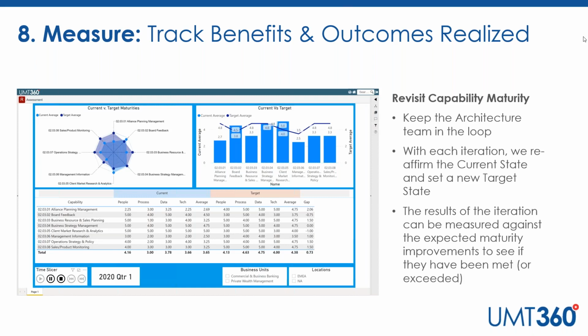We have phrases we used to use years ago in architecture about seeding and harvesting, and recasting the current state from the previous target so that you can do the next iteration of target. We're talking about taking those concepts and making them a lot more dynamic now, because you can continuously update these assessments based on the result of initiatives as they finish. As an initiative delivers its value, that has an impact, and that changes the current to be the new current.